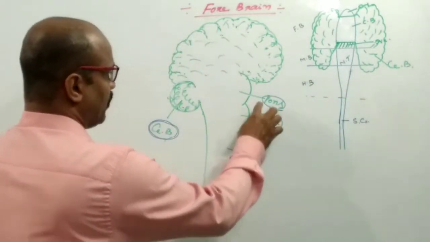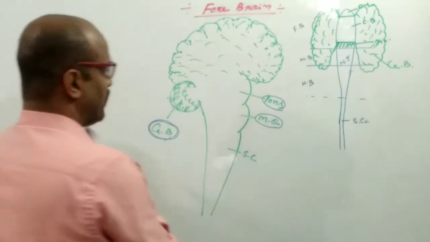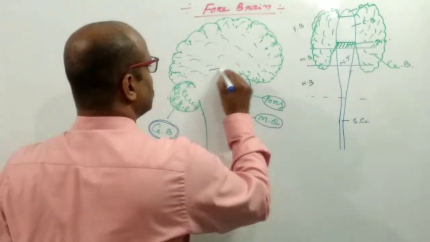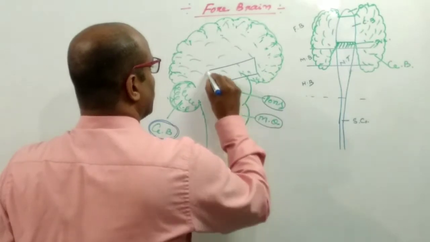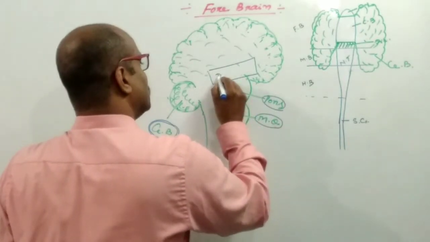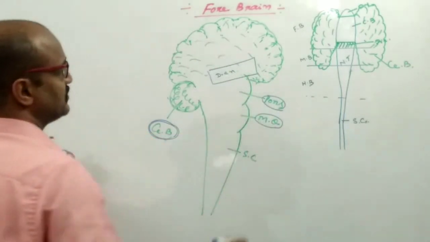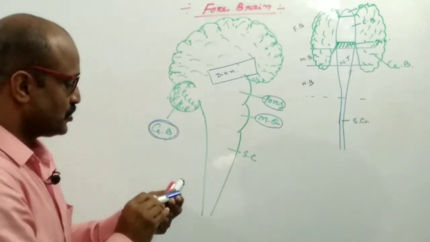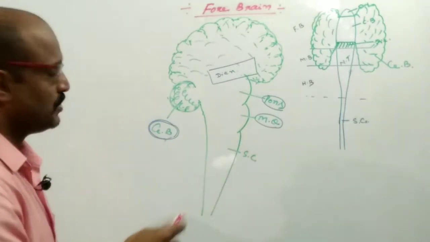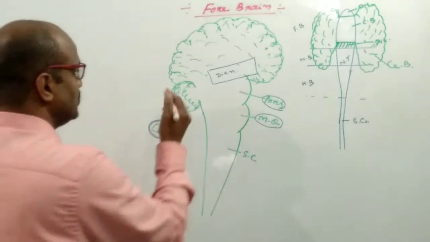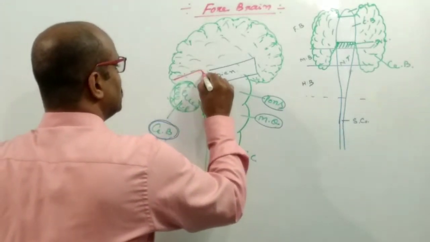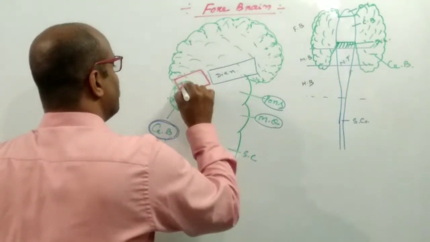Medulla oblongata, pons varoli, and upper to the pons varoli, this portion is the diencephalon, and posterior to the diencephalon, this portion is the midbrain.